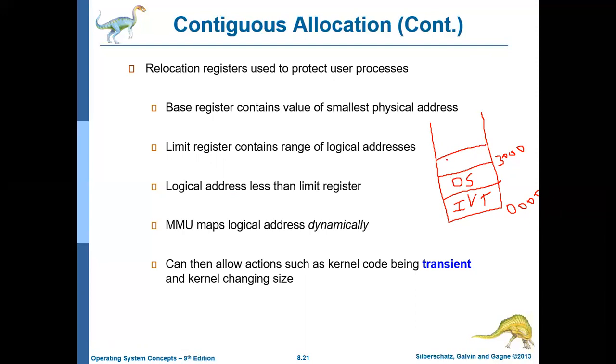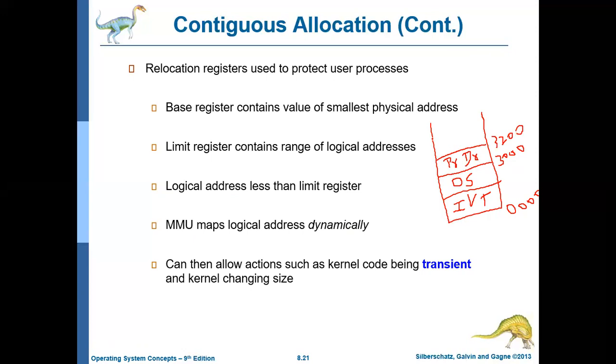This print driver will also be treated as a part of the operating system. Now say this print driver occupies another 200 MB. So now the operating system is not up to 3000, it is up to 3200.